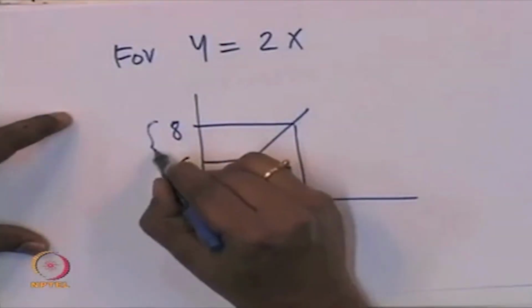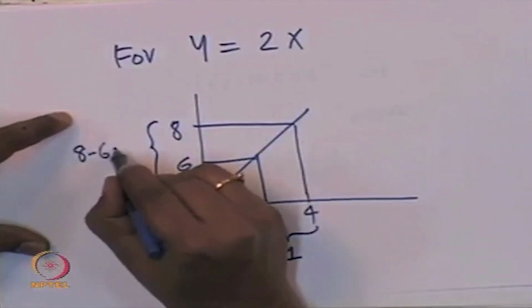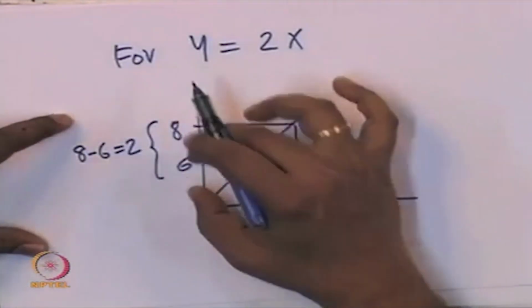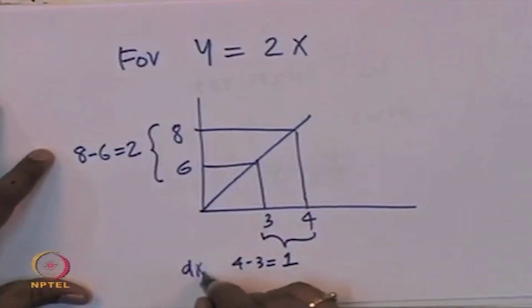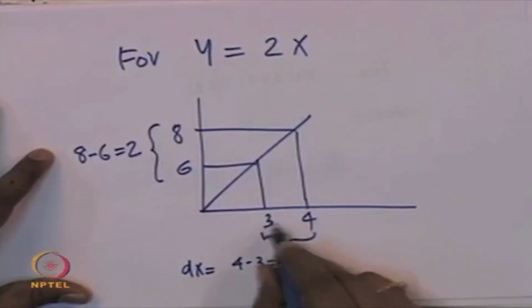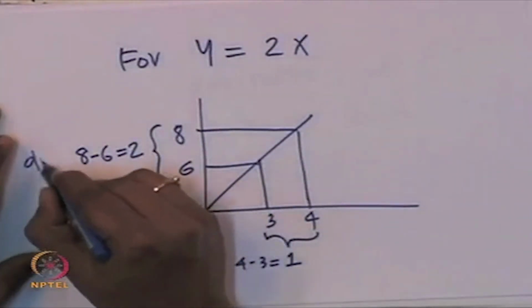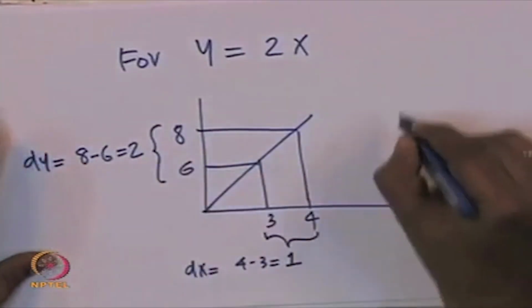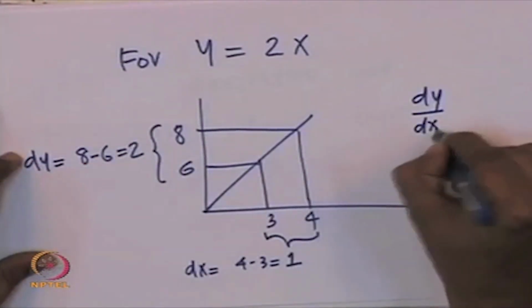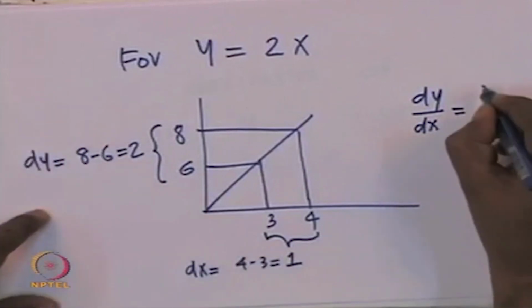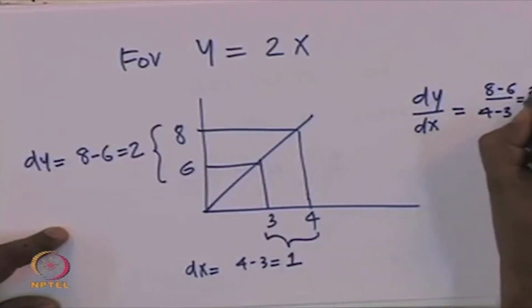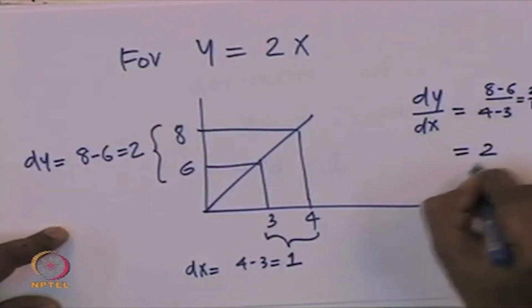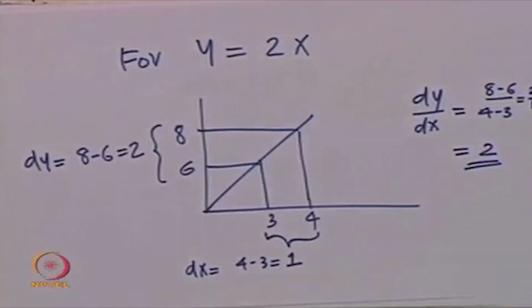Here this difference is 8 minus 6 equal to 2. So, let me call this dx, which is the change in x, which is 4 minus 3, and this is dy, which is 8 minus 6, and dy by dx is 2 by 1, 8 minus 6 by 4 minus 3, which is nothing but 2. So, the derivative of y equal to 2x is 2.